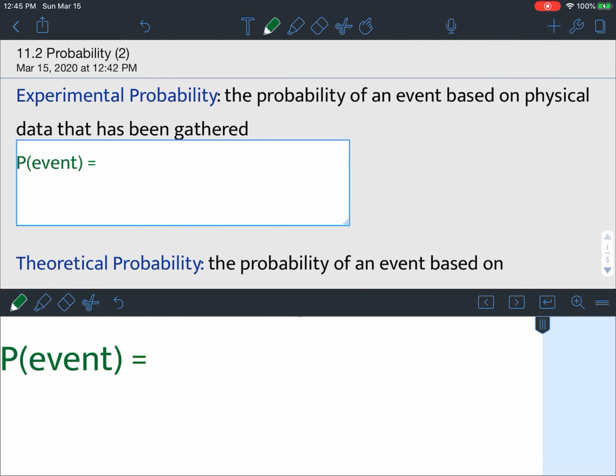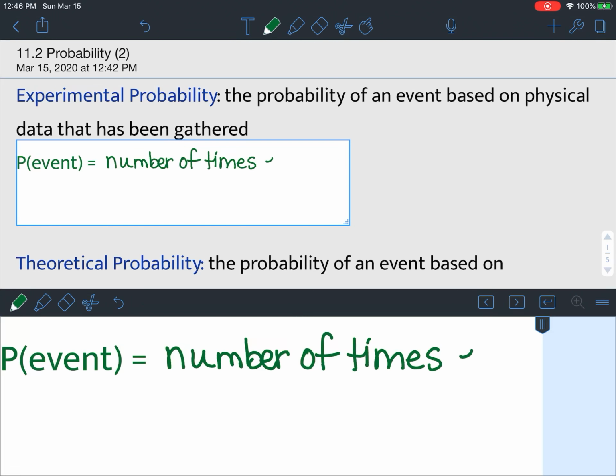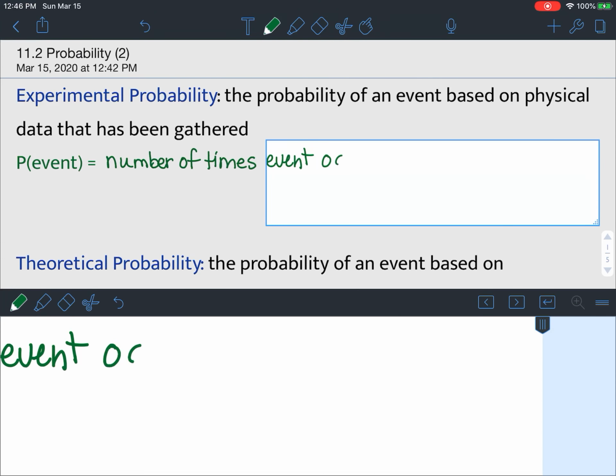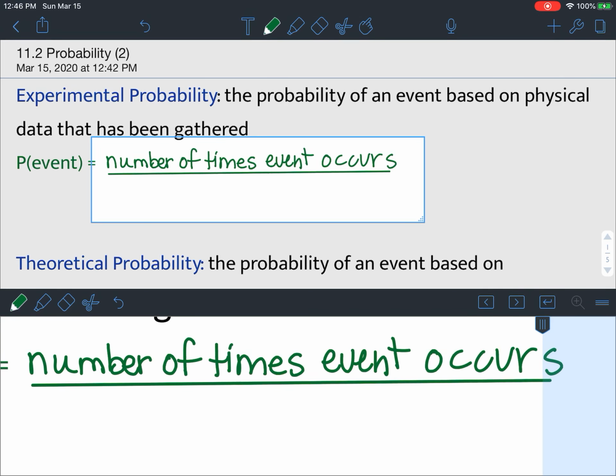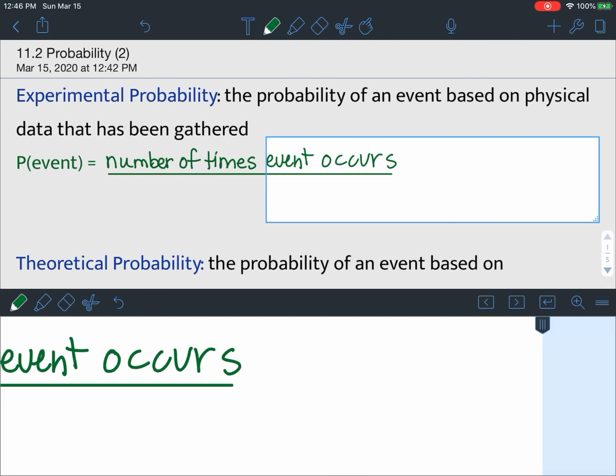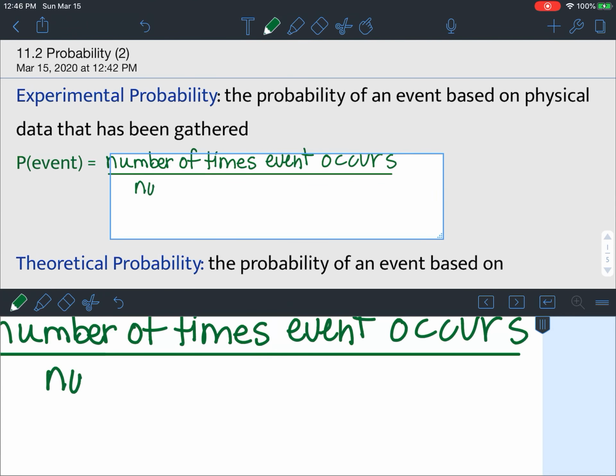So the probability of an event, if it's experimental probability, is the number of times an event occurs divided by the number of trials.